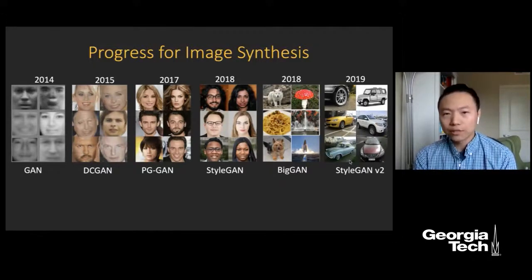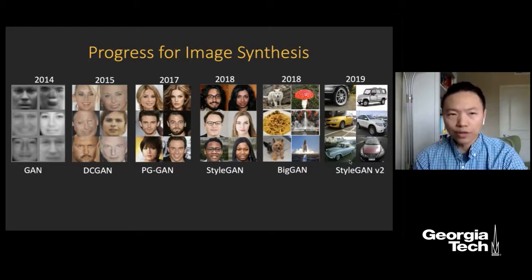Then over the years, the image quality and the content of the generated images have been greatly improved. You can see we have StyleGAN, BigGAN, and StyleGAN v2 that can synthesize all kinds of different objects in very high fidelity, so even people cannot differentiate whether it's a synthesized image or a real image.